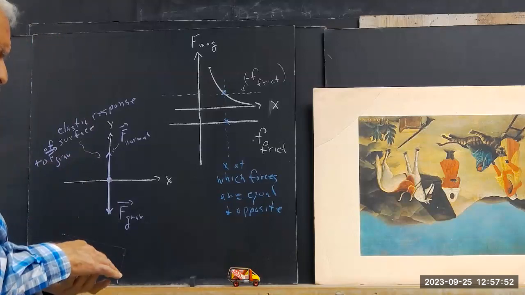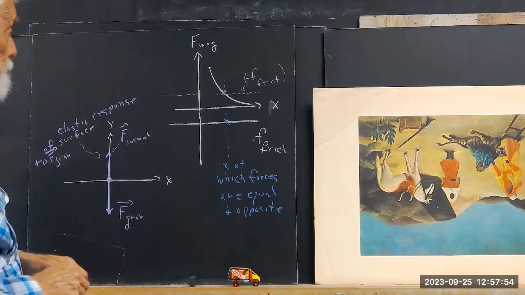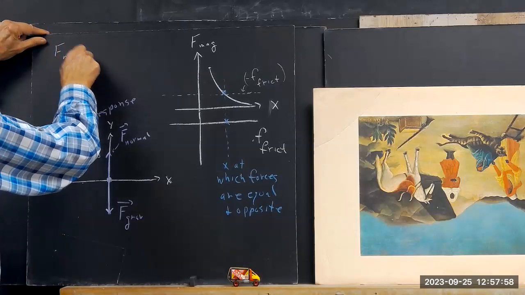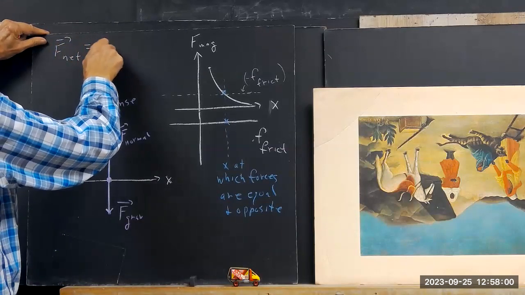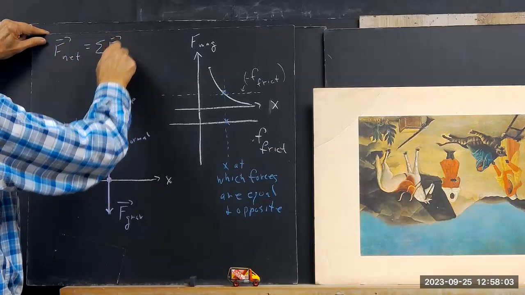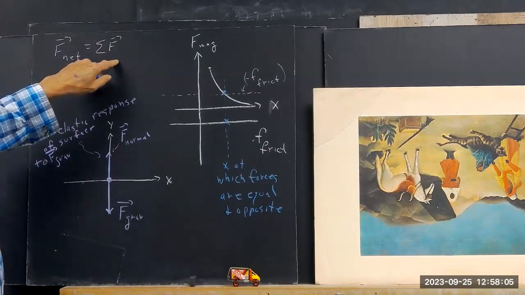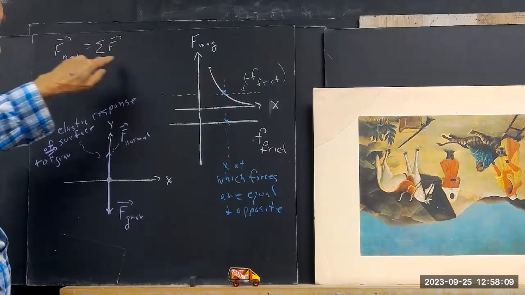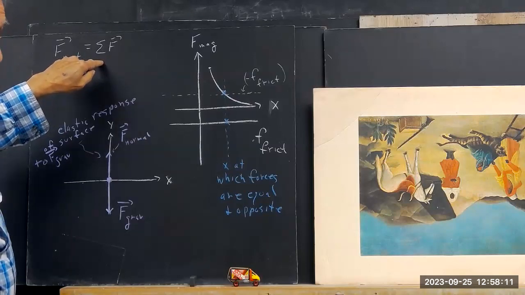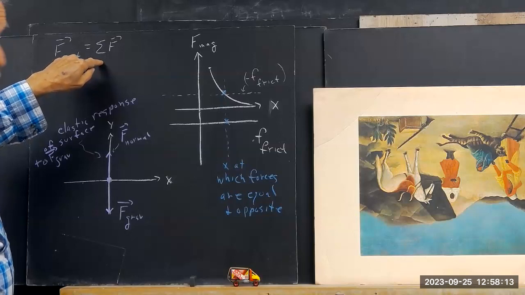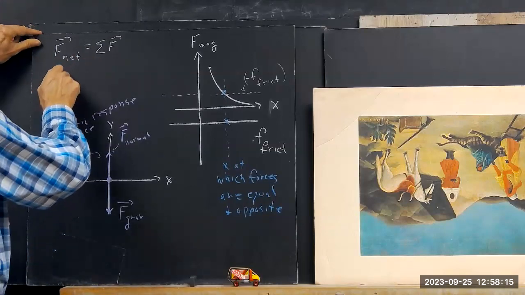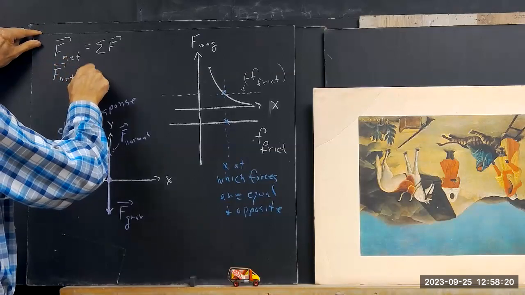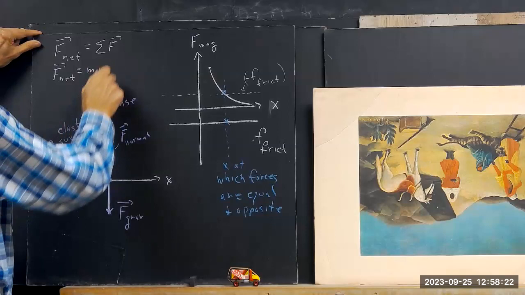Okay, well, we have Newton's second law. F net is the sum of all the forces. Now you can make yourself a note that that means the sum of all the forces, because I'm not going to take time to write that out. And F net equals mass times acceleration.